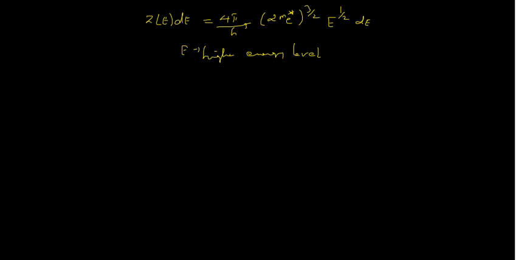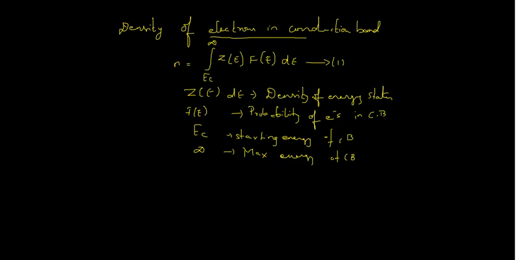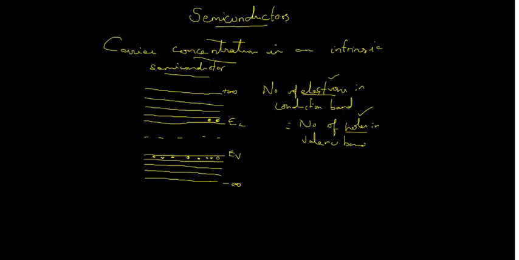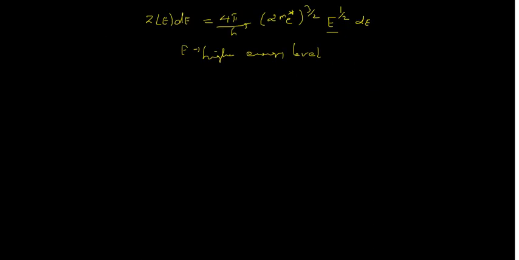So maximum energy minus minimum energy. The minimum energy in the conduction band is EC, and the maximum energy we are taking as E. Within this energy range the electrons will be present. So this equation can be modified. Put this as equation number 2.